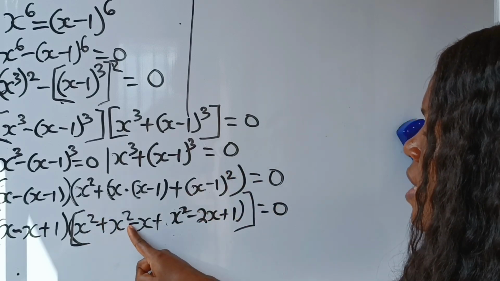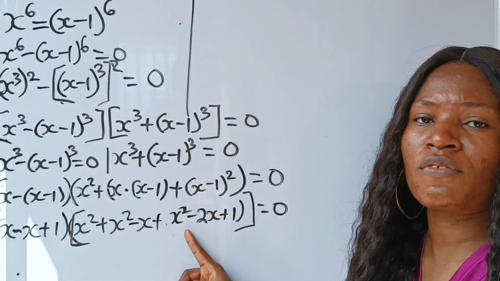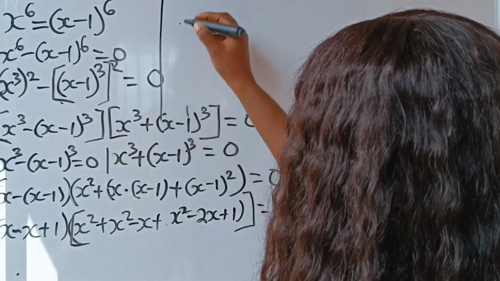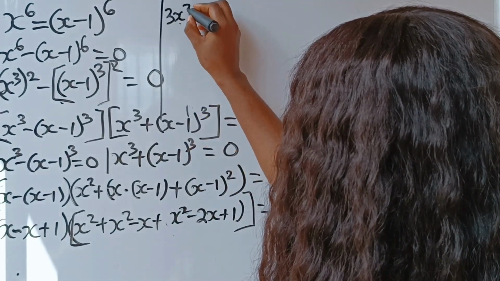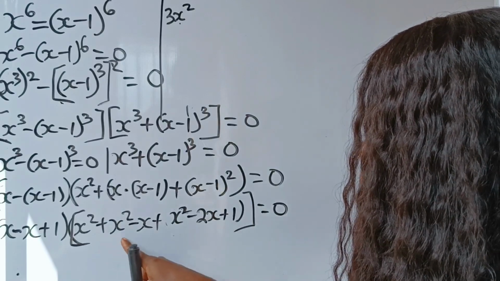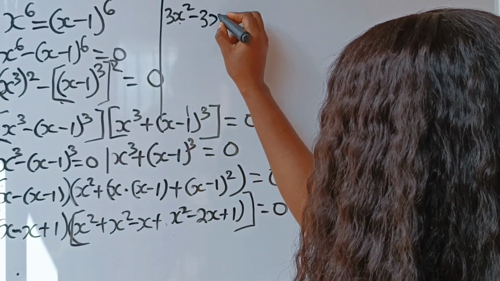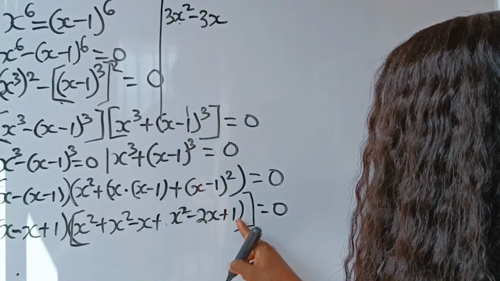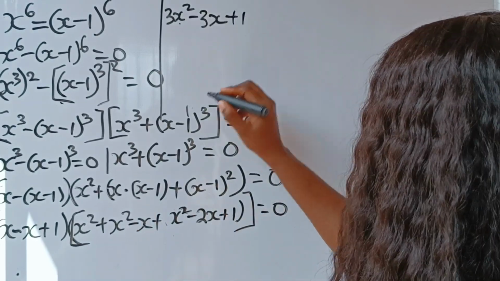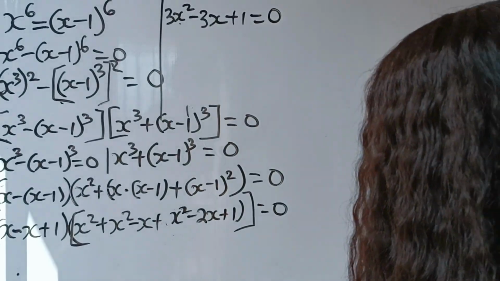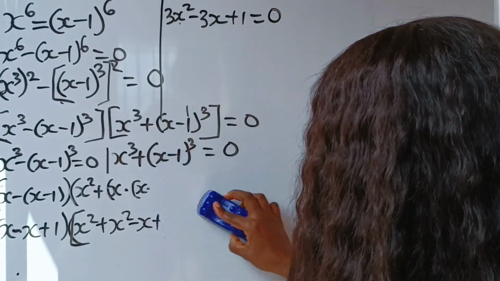So x squared plus x squared plus x squared will give us 3x squared, right? So we have 3x squared. Now minus x minus 2x will give us minus 3x, then plus 1 plus 1 is equal to 0.